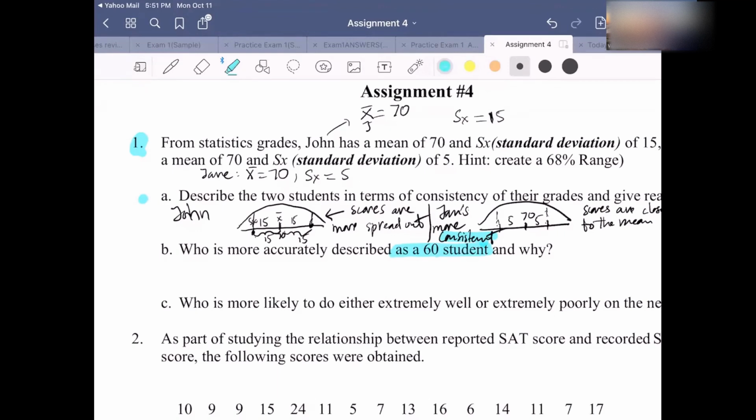You guys have different answers. All right, Jane, Angela, yeah. What do you guys think? You're thinking about John or Jane? Oh, she is Jane, right? Oh, I see. Vanessa also got Jane.